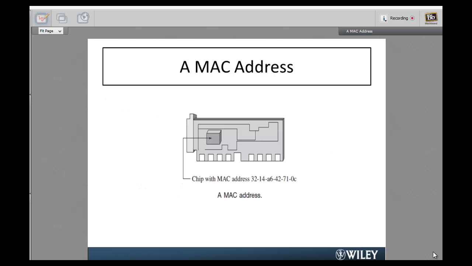Okay, so you see that here, for example, this chip, which is a NIC, has some MAC address, which is written this way. So this is the first part, until A6, and the next part ends with 0C. Those numbers are hexadecimal. Okay, I hope you know. You probably know the difference between these numbering systems.